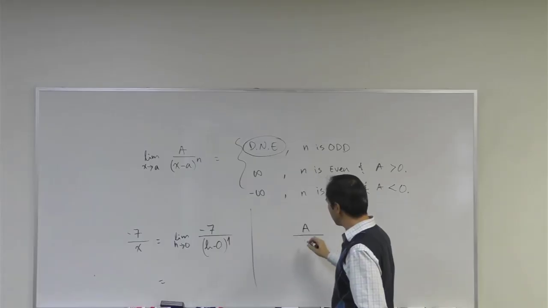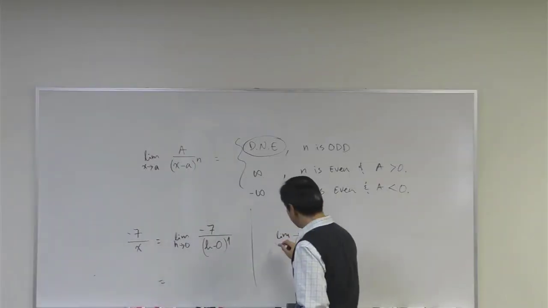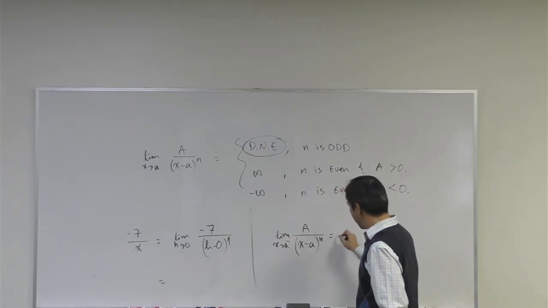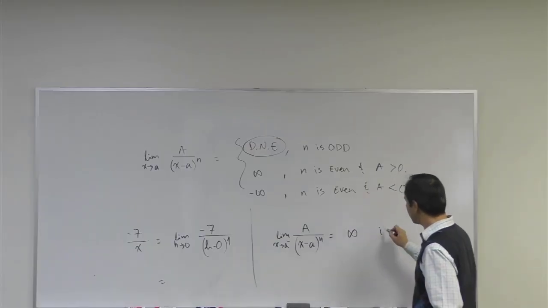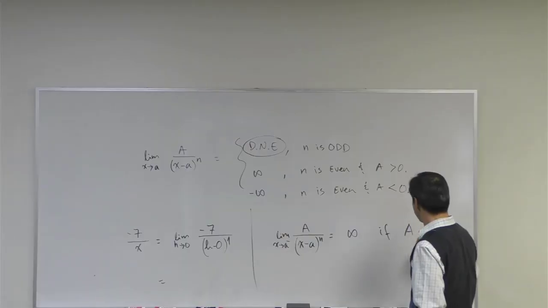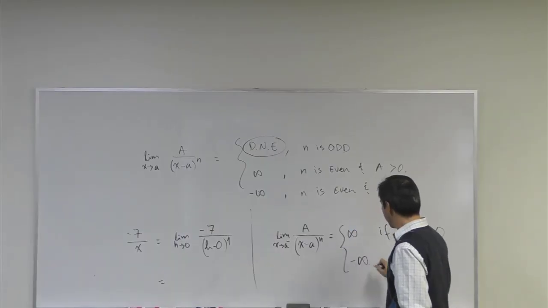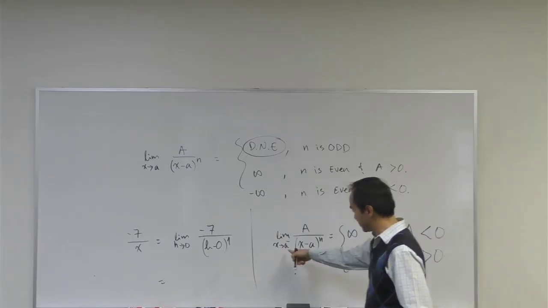You guys can take a note of this. The coefficient over x minus a to the n power, where we're letting x approach the pole from the left-hand side. See what I'm saying? That can go to a positive infinity if the coefficient is negative, and that goes to negative infinity if the coefficient is a positive value, for just the left-hand side limit.